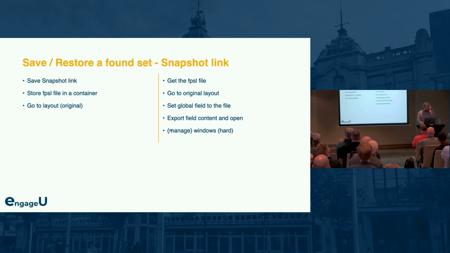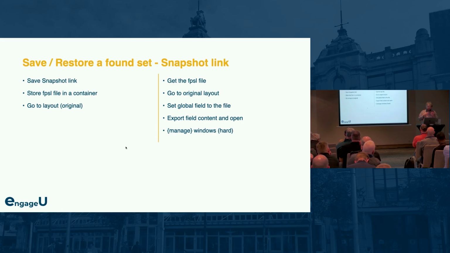Why did I write this? Oh yeah, because if you store it in a container, you need to go back to the original. And to restore, you get the FPSL file. You need to export it if you stored it, and open the file. Okay? And then the found set will be restored.